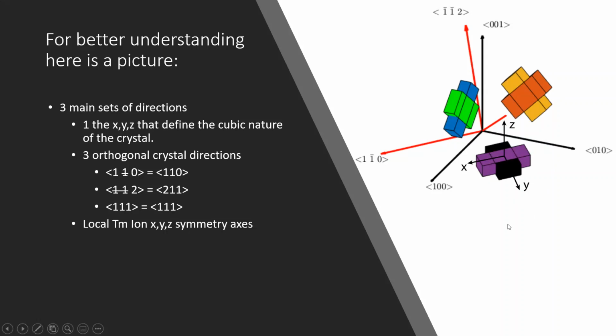The first one I want to point out is the cubic crystal axes. I said yttrium gallium garnet was a cubic crystal, and the black large axes here denote the orientation of the cube that defines the crystal. Now, within this crystal, there's also another set of 3 orthogonal crystal axes that are a bit useful to know about. Those are the red large axes.